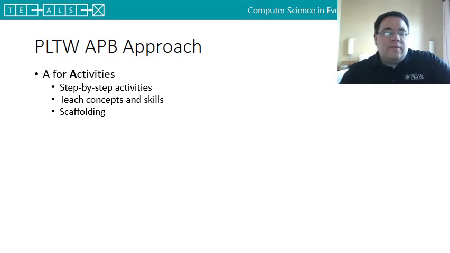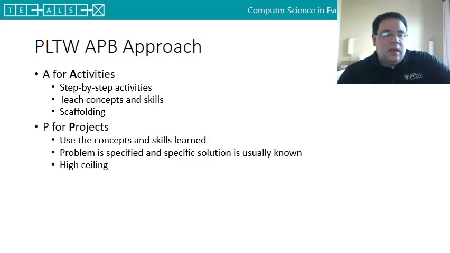Following activities is oftentimes a project, and a project uses the concepts and skills that they have learned throughout the activity instruction, and it presents them with a problem to solve. It's usually specified in the project, and there's usually a specific solution that is known and is a goal for the students to reach.